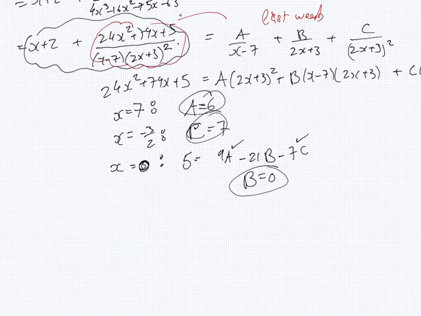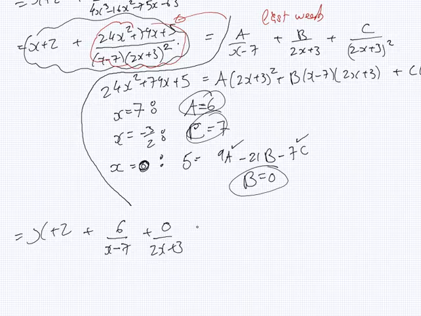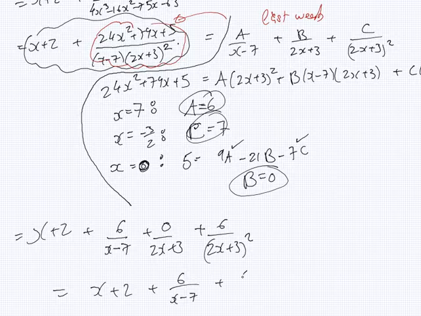So if I just go back to the question, my answer would be x plus 2, sorry, this is a bit messy, this is on the side, x plus 2 plus a, which is 6 over x minus 7, plus b plus c. So the final answer is x plus 2 plus 6 over x minus 7 plus 6 over (2x plus 3) squared.